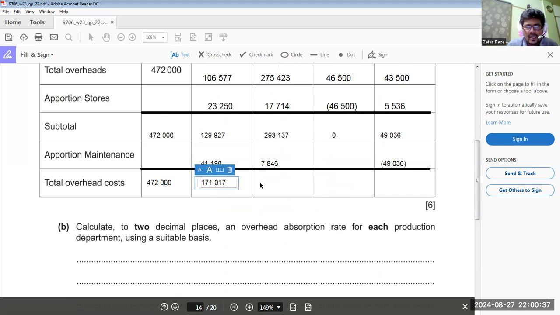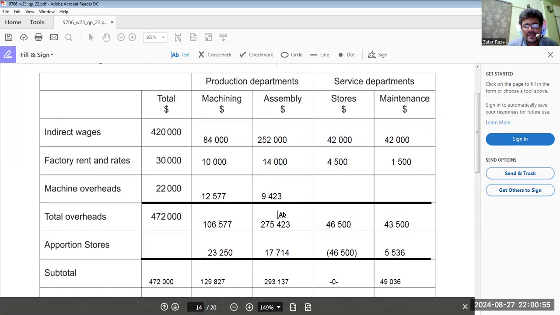And for assembly department, 293,137 plus 7,846 is 300,983. Done, and we got 6 marks. This is complete.